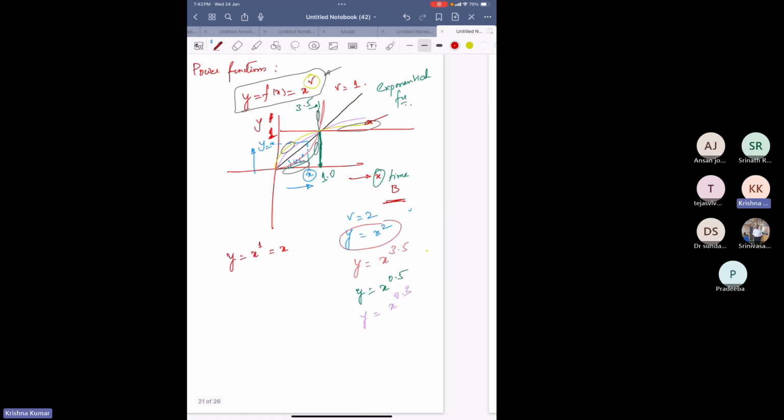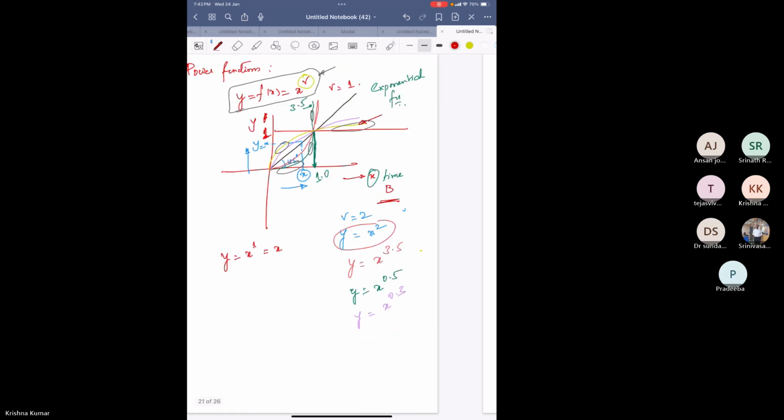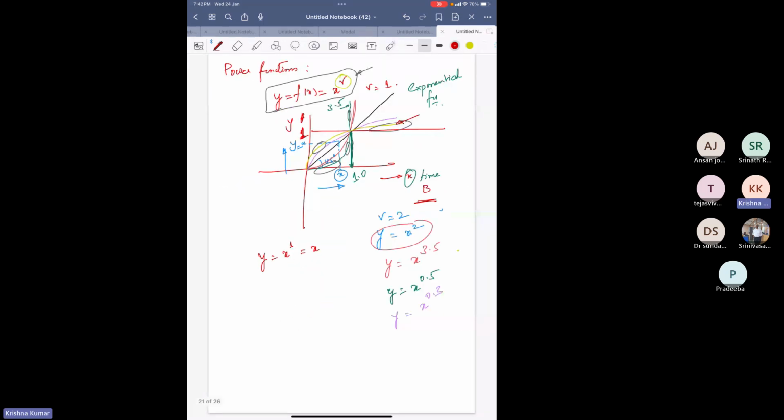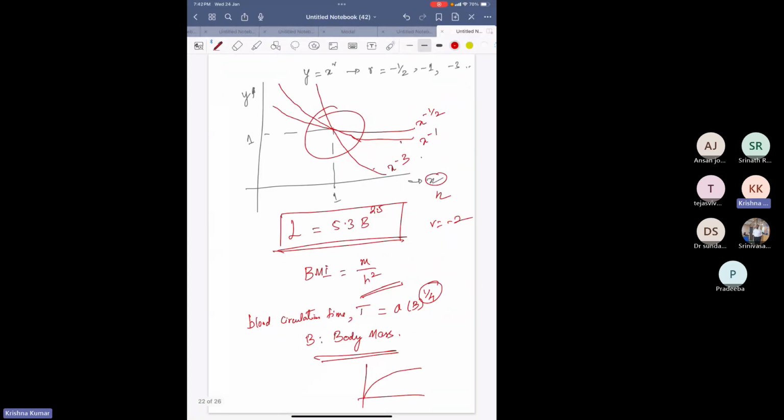If the exponent R had been, say, 2 or something, then it would have been horrible. You will be somewhere here. Circulation time would increase. So why is this so? What is it that you do in physiology? Now, why is this one by 4?